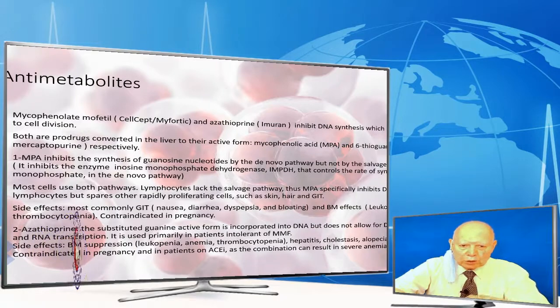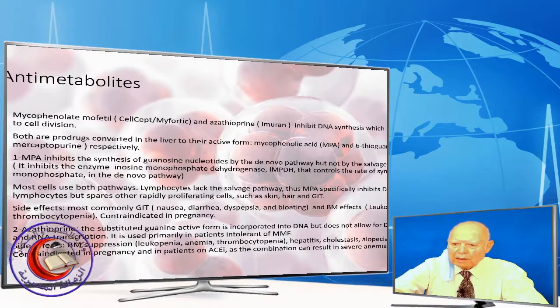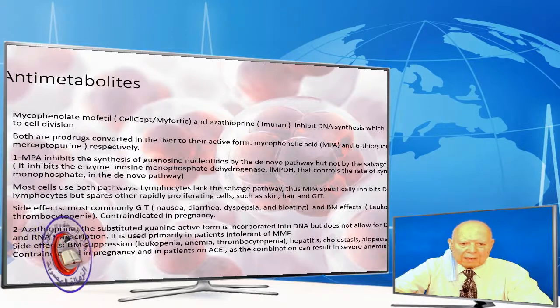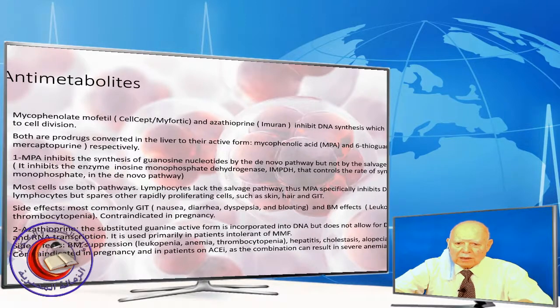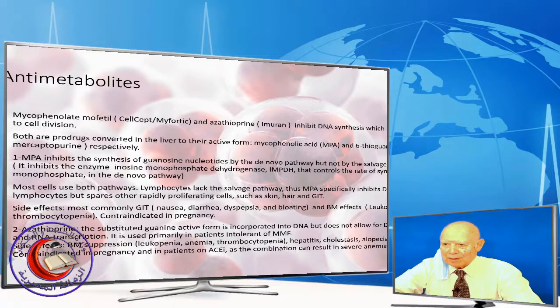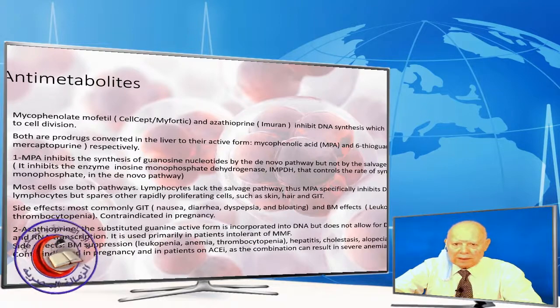Side effects, most commonly GIT: nausea, diarrhea, dyspepsia, and bloating, and bone marrow effects: leukopenia, anemia, thrombocytopenia. It is contraindicated in pregnancy. Azathioprine is a substitute for the guanine molecule. The 6-thioguanine, as the name implies, is sufficiently close in structure to guanine, one of the 4 bases in DNA.